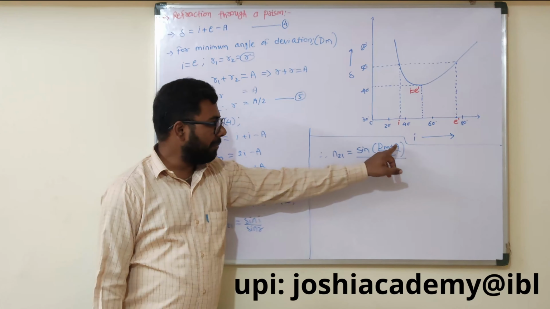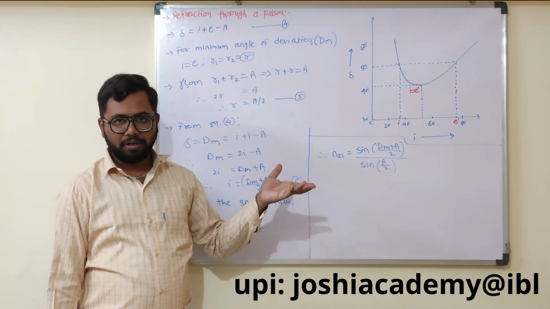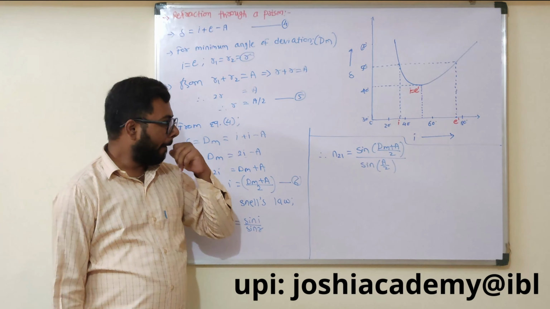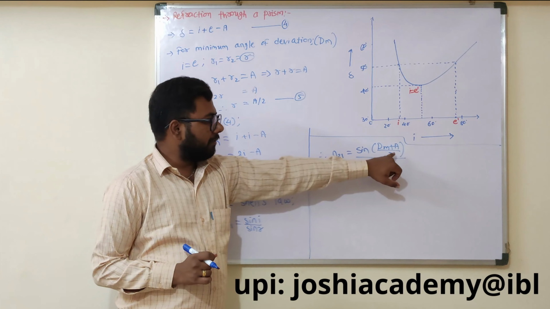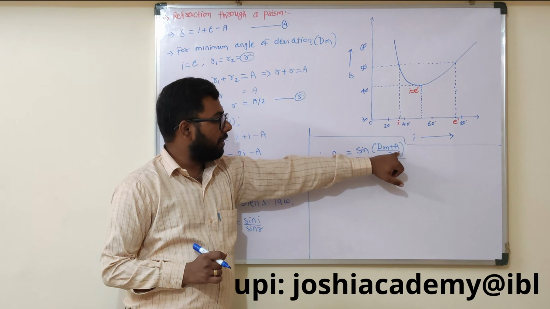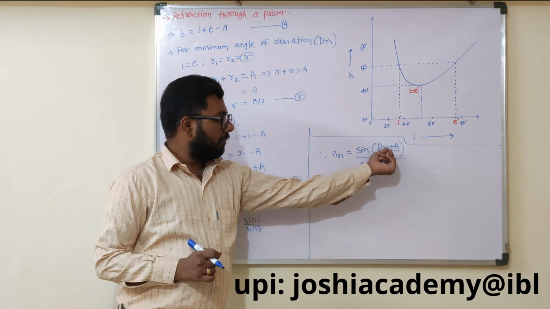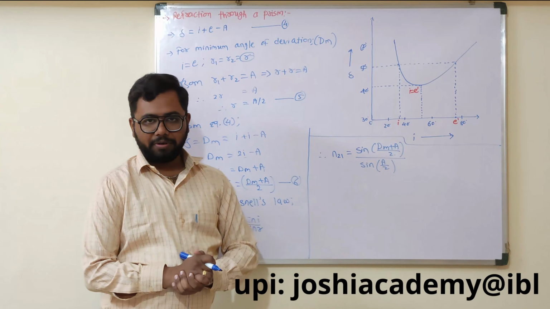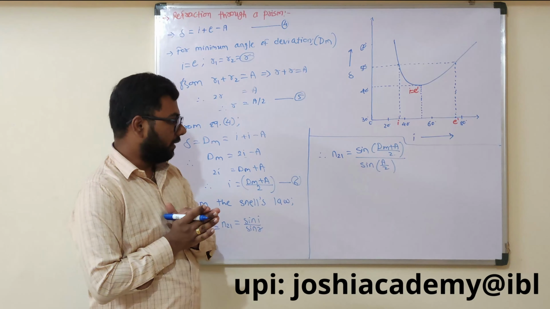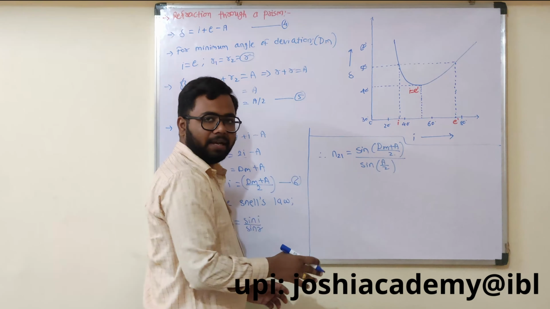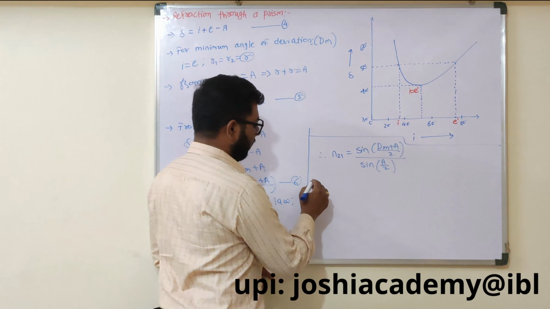Now this Dm and A can be measured experimentally from the prism. Now let us consider a very thin prism, so our A will be small. As we have discussed, if A is small, then our angle of deviation will also be small.